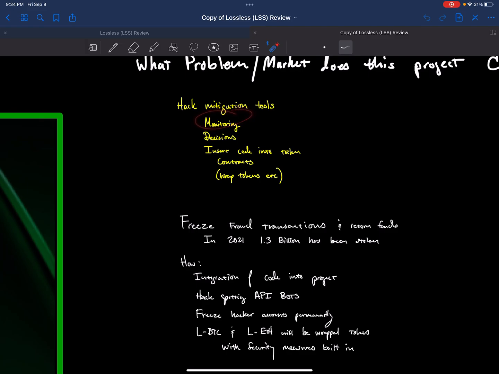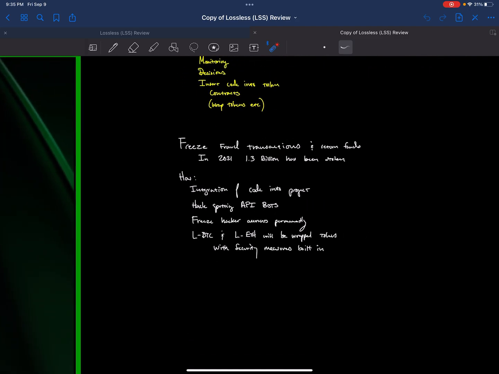They use monitoring, decision making, and insertion of code, and they use contracts, and they can wrap tokens. So that's just a basic flyover. One of the ways they can do it is they can freeze fraud transactions and return the funds.